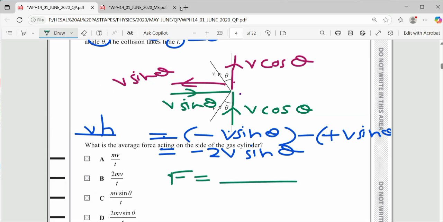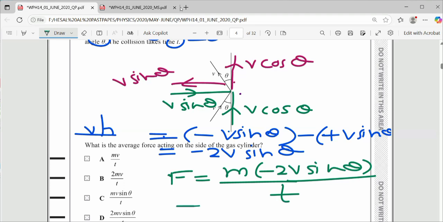Change in momentum is mass into change of speed. Here we get minus 2v sin theta. Time is t. If I simplify this, it gives minus 2mv sin theta over t.